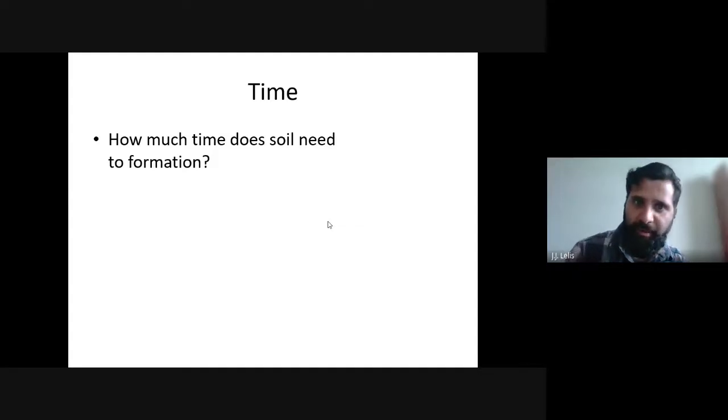So it's expensive. So we intentionally forget to consider this soil formation factor. But it's quite important to us to understand how much time soil needs for formation.